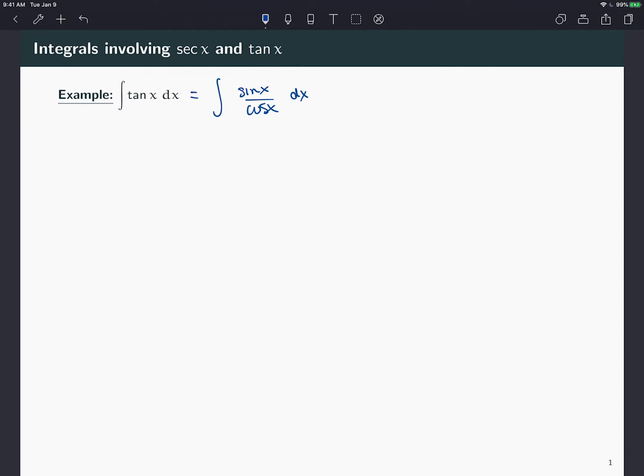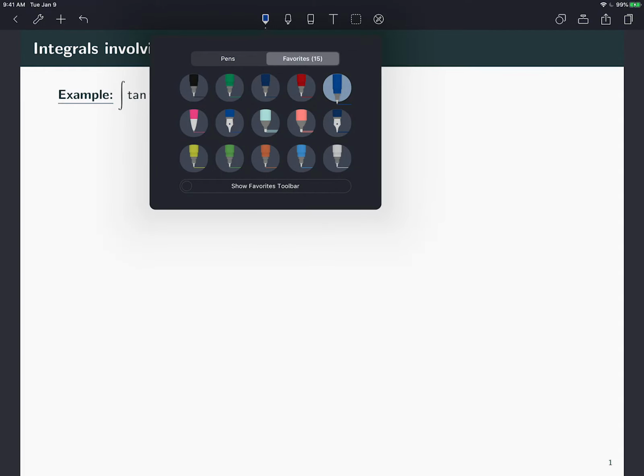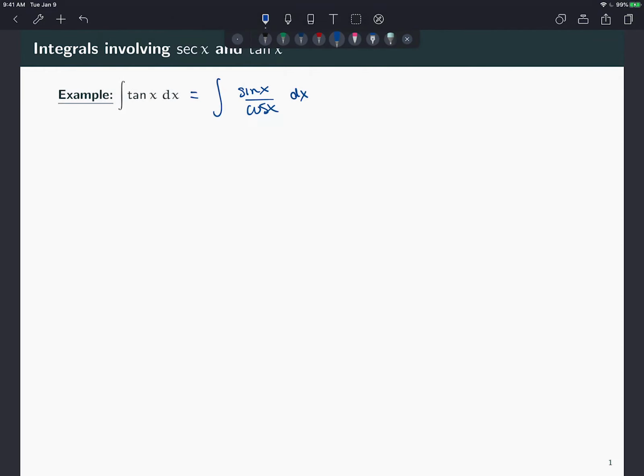And then we can see this like, oh, remember that the derivative of the sine function is the cosine function, and the derivative of the cosine function is a negative sine. So if we do here a little u substitution, if we make, say, u to be the cosine x, then its derivative is negative sine of x.